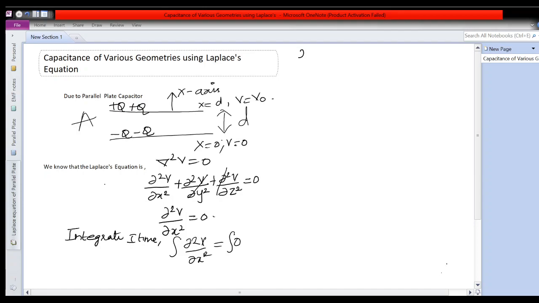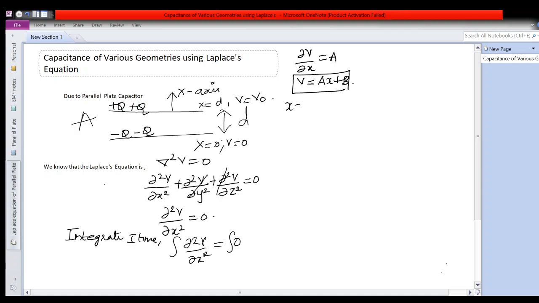When I integrate once, the equation will be dou V by dou x is equal to 0 is 0, but you will introduce the constant of integration A. Again I am integrating a second time. I will get V, but when I integrate A, it will be Ax plus B. This is how I will get my general equation.